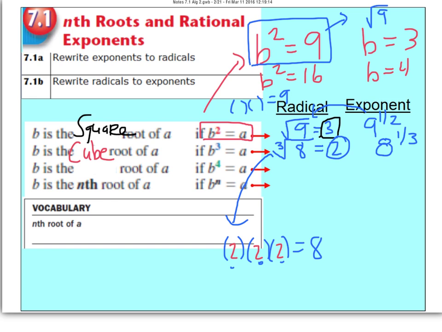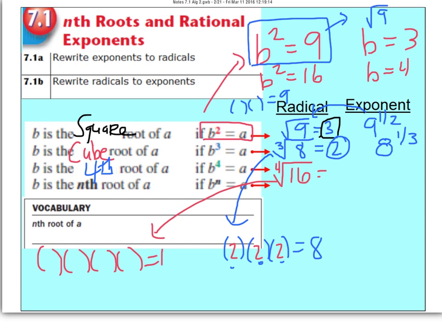Let's look at one more. We have the 4th root of a number. So let's switch it up. What if I ask you to find the 4th root? Put a little 4 here, and I'm going to say the 4th root of 16. What's the answer? Well, what that means is this: what number 4 times is 16?